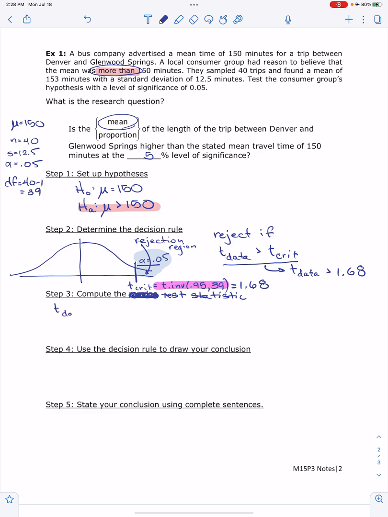Our T data here is my X bar minus mu over my sample standard deviation divided by the square root of the sample size. I get 1.52.